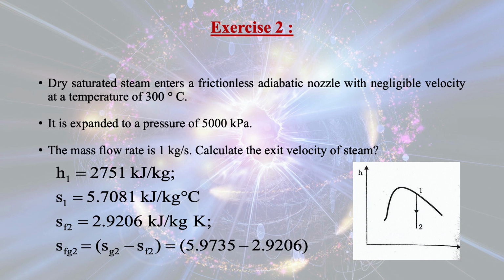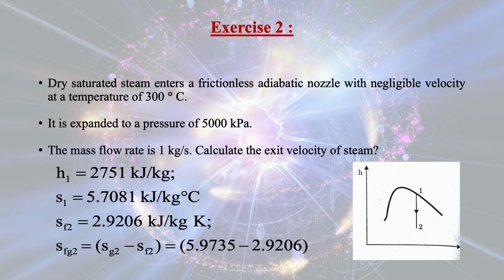Here at the inlet condition, that is state 1, we have to find out the enthalpy that you can get from the steam table for the temperature 300 degrees centigrade. What is the enthalpy of dry saturated steam?